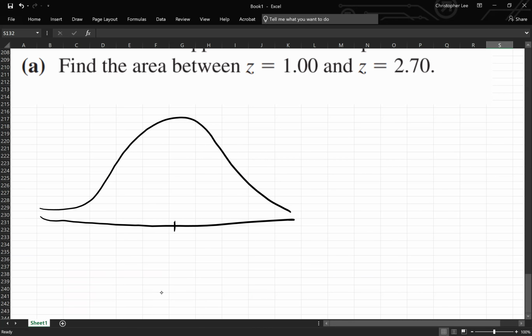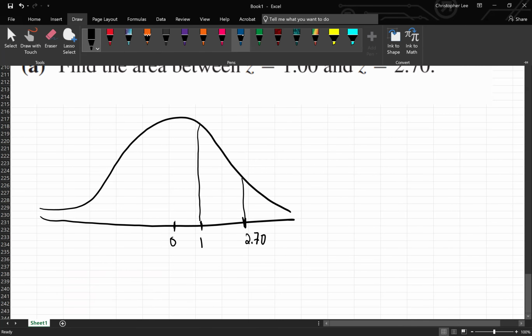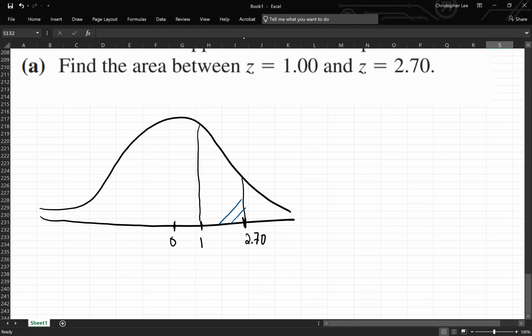Right here in the middle is 0, so 1 is going to be somewhere like here, and then 2.70 is going to be somewhere like here. The area that I'm looking for is right here in the middle.